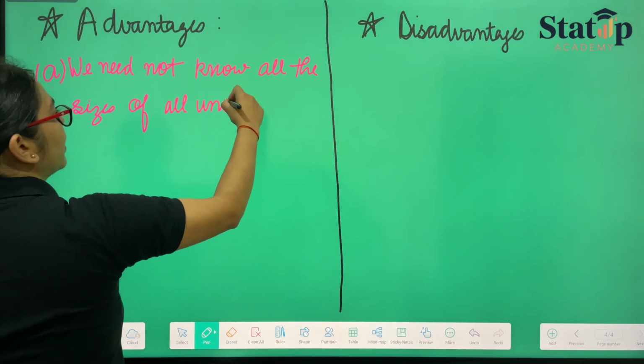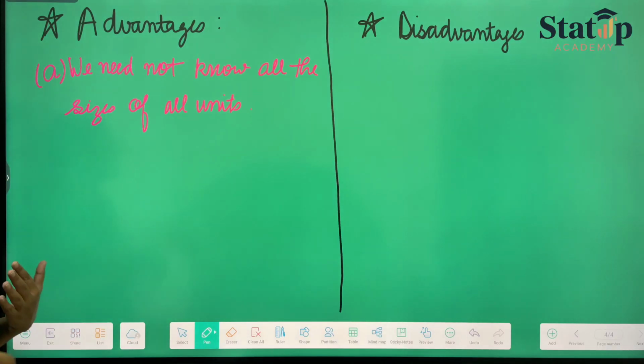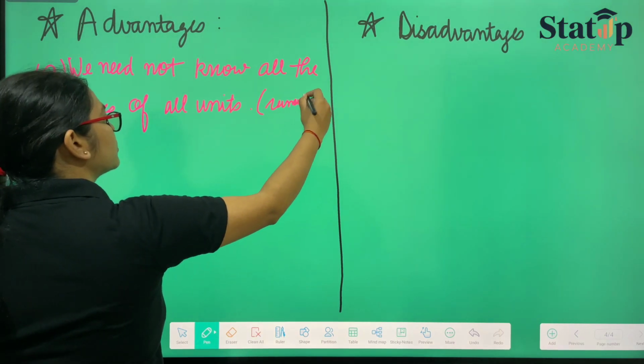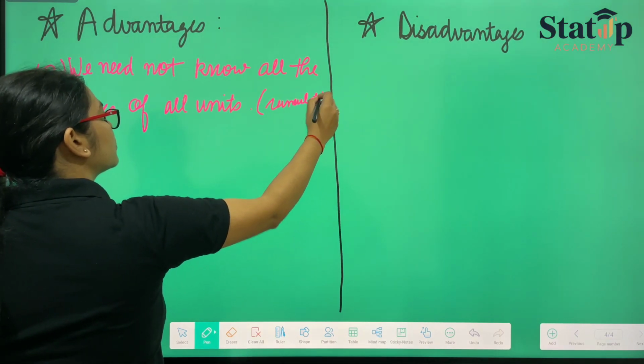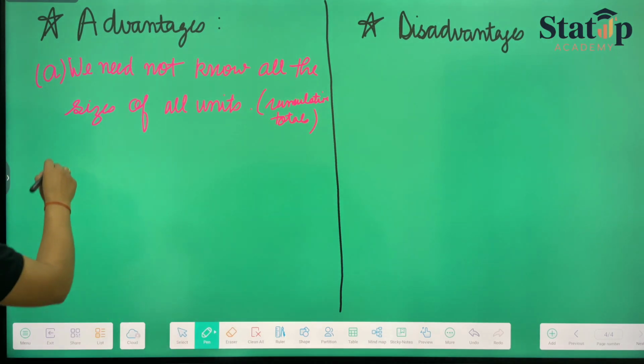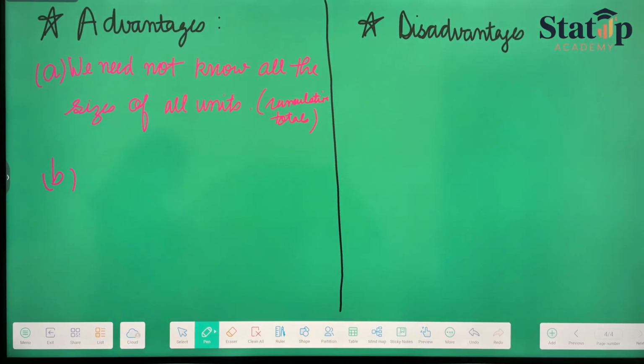Here it is not required that we should know all the sizes of all units, or we can say all the sizes of all units are cumulative totals. The second advantage is that the size of all units need not be known before.